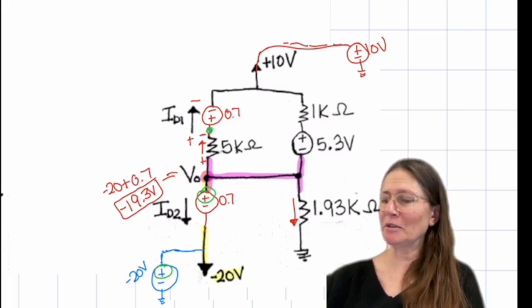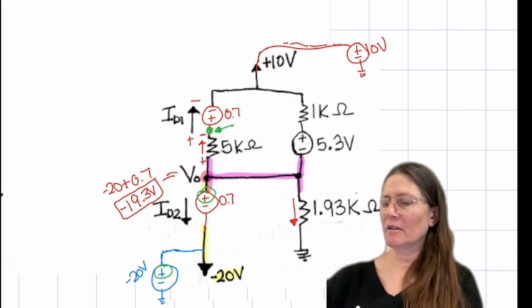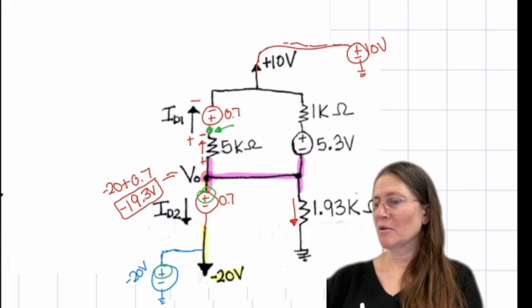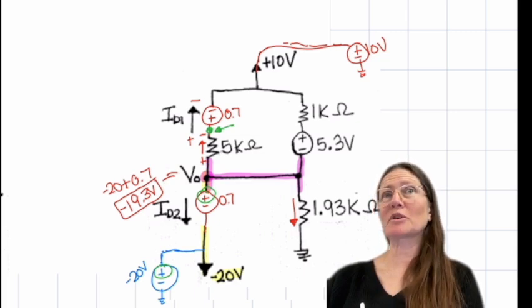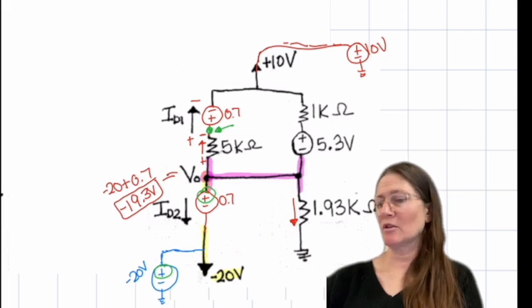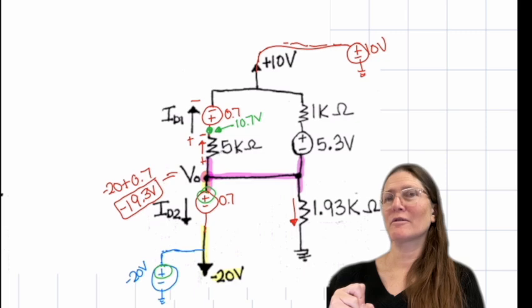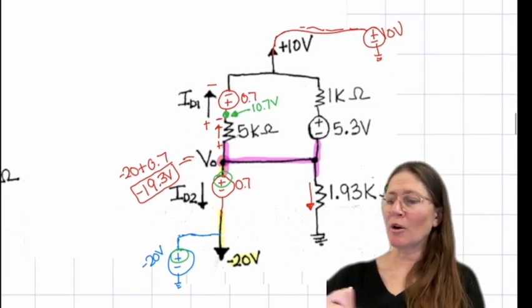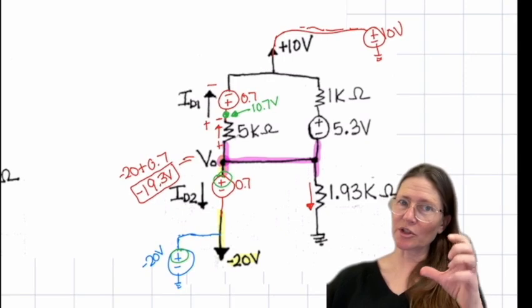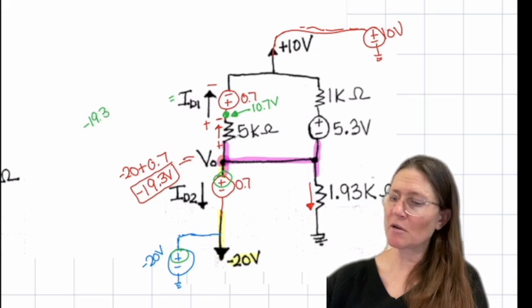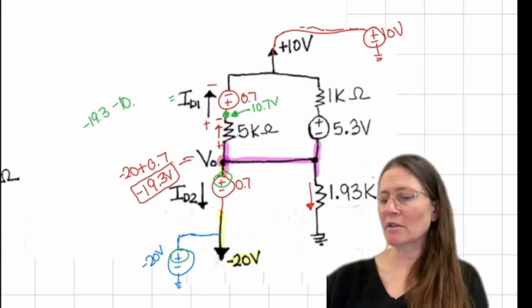At this green node, it'd be 10 plus 0.7, so going from the ground. So now ID1 can be Ohm's law, which is across it: minus 19.3 minus 10.7 over 5K.